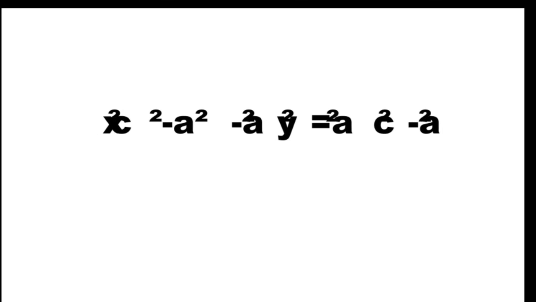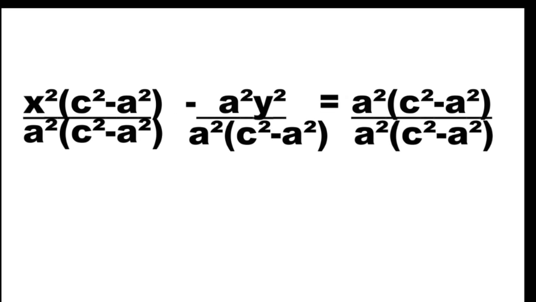So c squared x squared minus a squared x squared minus a squared y squared equals a squared c squared minus a to the fourth. Factor x squared on the left and a squared on the right. Divide both sides by a squared times quantity c squared minus a squared.